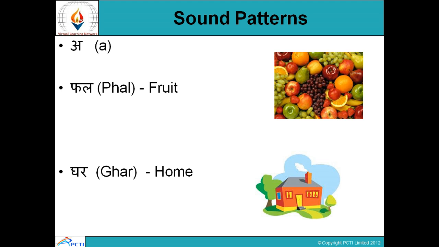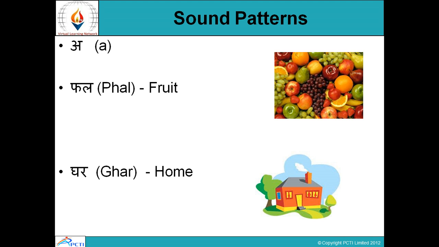This is a small sound and the first letter of the Hindi alphabet. It's a small sound of a. As you can see in Roman also, it's written as a. That is fal. Now you can see in this word fal, for l, it's a small sound of a.